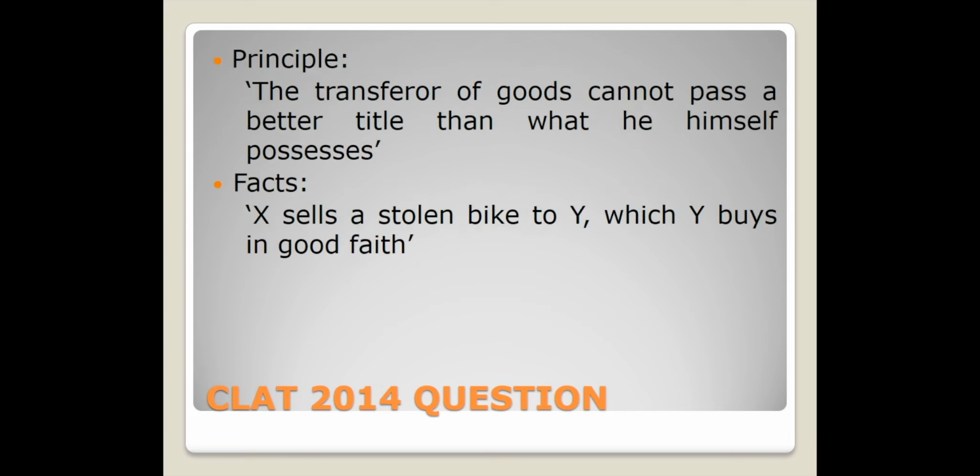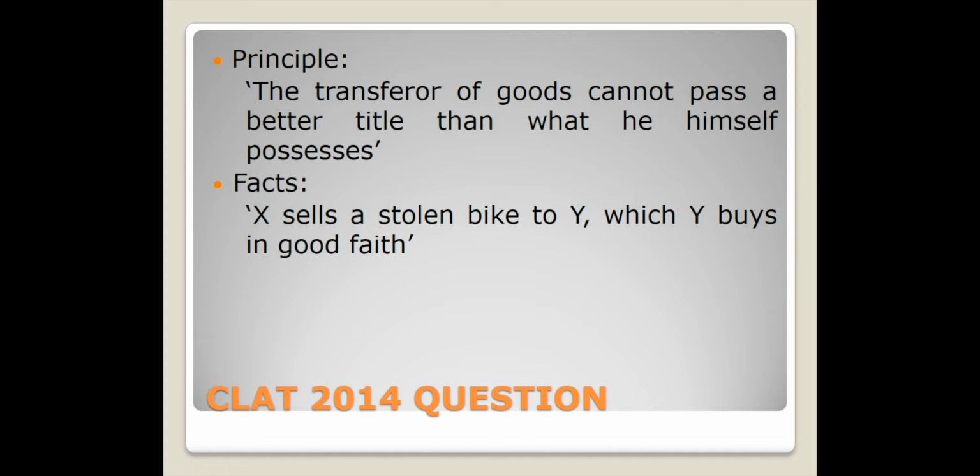Now the next question from CLAT 2014. Principle: the transferor of goods cannot pass a better title than what he himself possesses. This is a legal maxim. Now the facts of this case are: X sells a stolen bike to Y, which Y buys in good faith. Now applying the principle to this given set of facts, the transferor of goods cannot pass a better title than what he himself possesses.